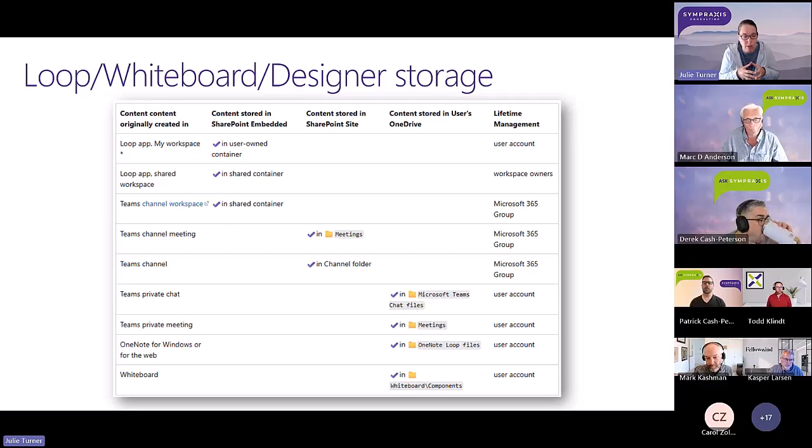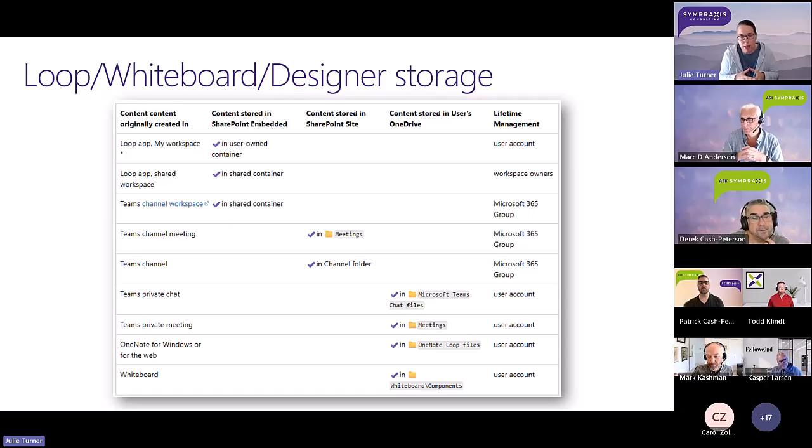The ones that I wanted to address are the first 3, which is the Loop app, my workspace stuff, and the Loop app in a shared workspace stuff, and the Teams channel workspace loops. Those 3 are all stored in a SharePoint embedded container.